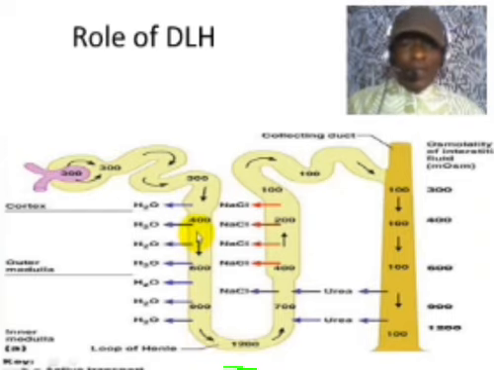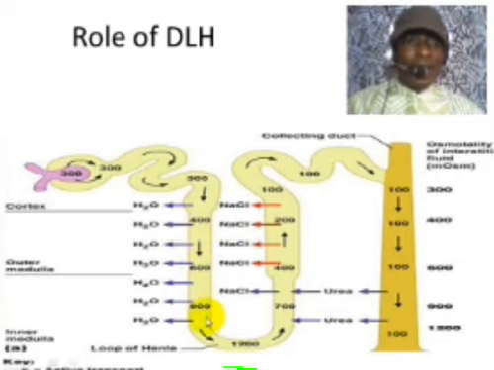This is because the descending loop of Henle is permeable to water but impermeable to solutes. So water can freely diffuse out of the descending loop of Henle while sodium chloride cannot. Hence, the glomerular filtrate inside the descending loop of Henle is said to be hypertonic to plasma.